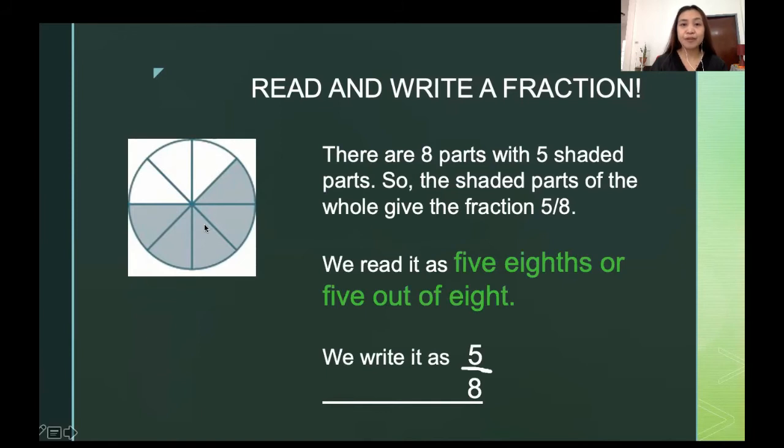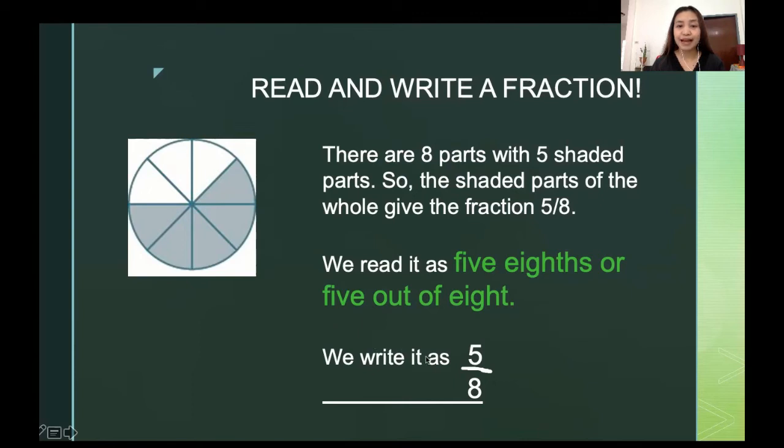Okay, and how many parts are shaded? 1, 2, 3, 4, 5 parts. Okay, so there are 8 parts with 5 shaded parts. So the shaded parts of the whole give the fraction 5/8. So we read it as 5/8 or 5 out of 8.